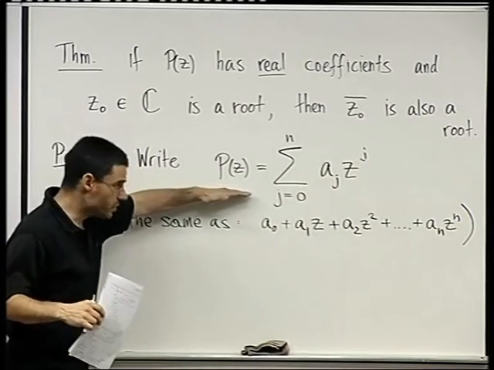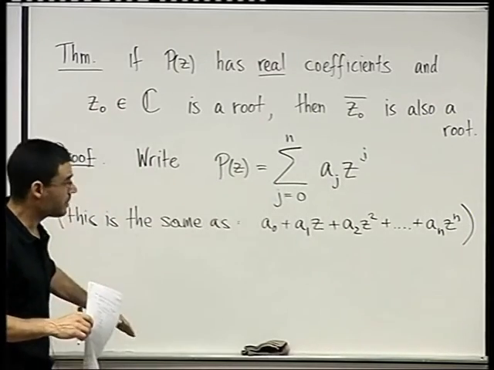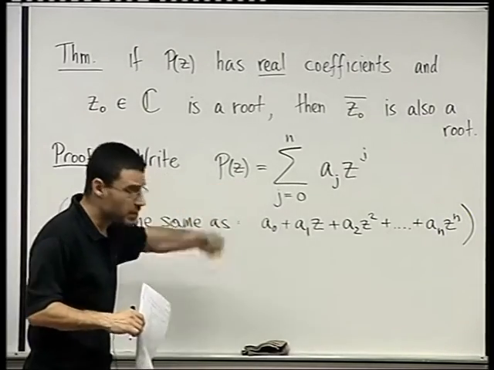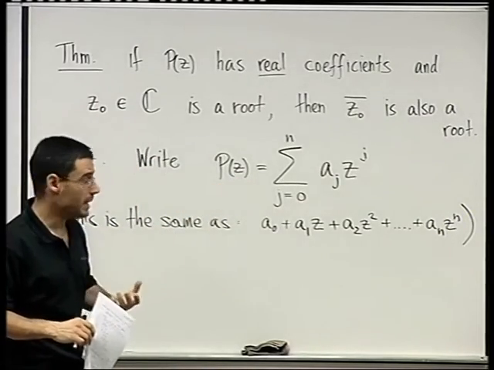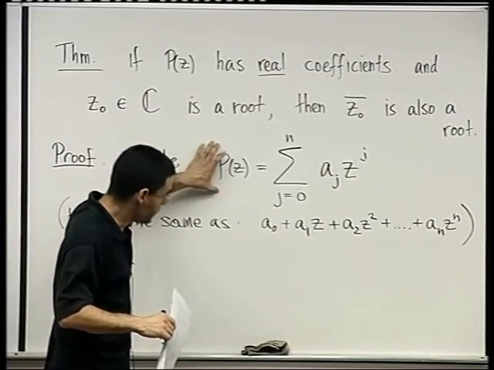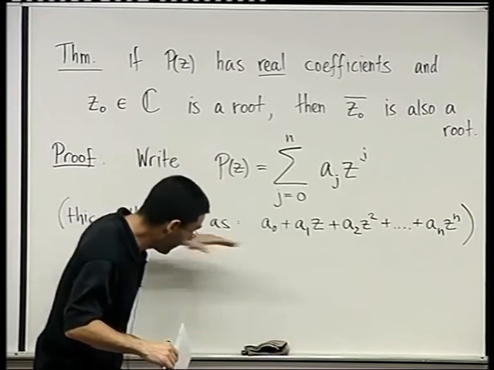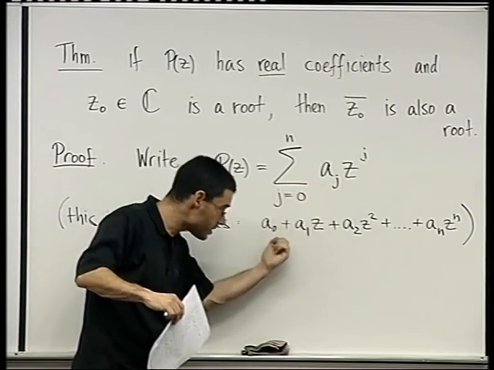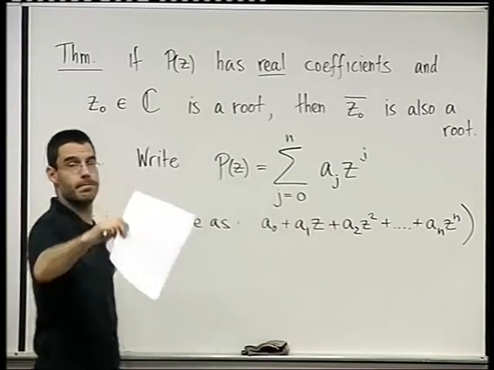If you're not used to sigma notation, what I'm going to write now is going to be even more confusing, because sigma notation is something you need to get used to, and that takes a bit of practice and time. If you're not used to it, you can spell out everything like this; it's just going to make every expression a bit bigger.